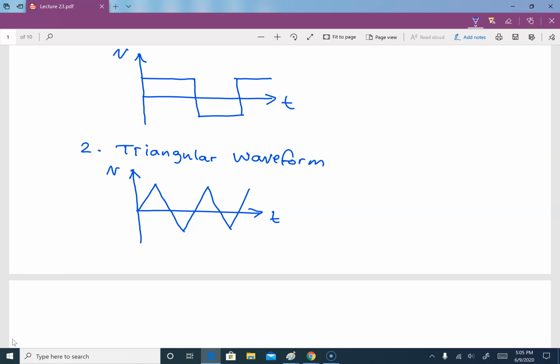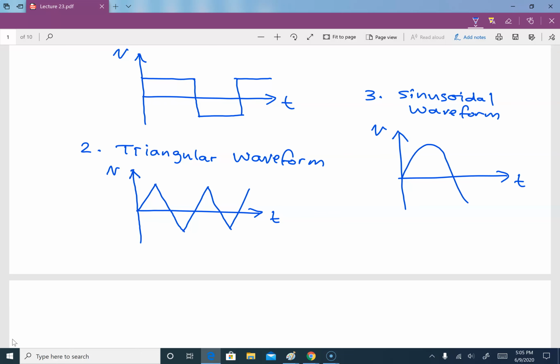And the third waveform, that is the sinusoidal waveform. For a sinusoidal waveform, it looks like this. This is t, and if that is a voltage, that is a sinusoidal waveform.